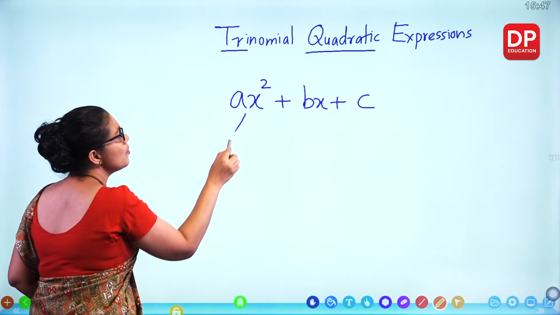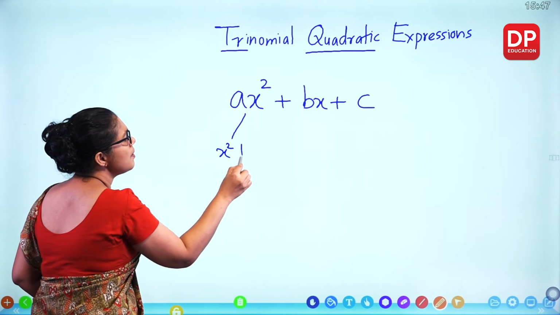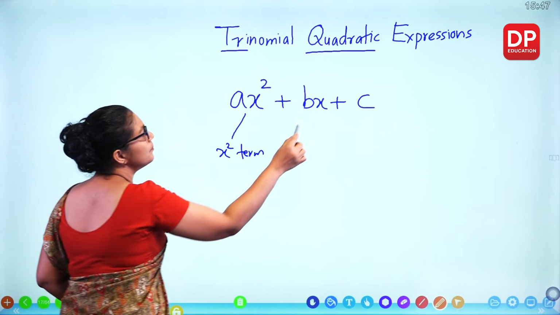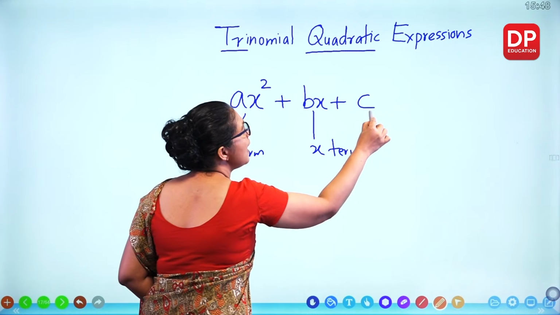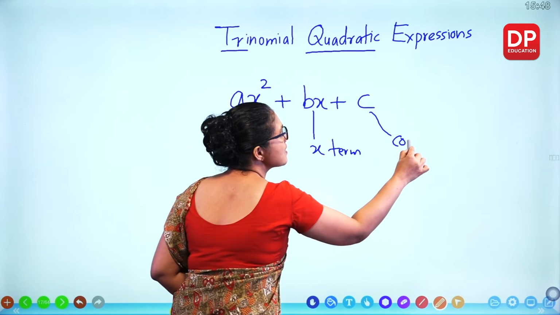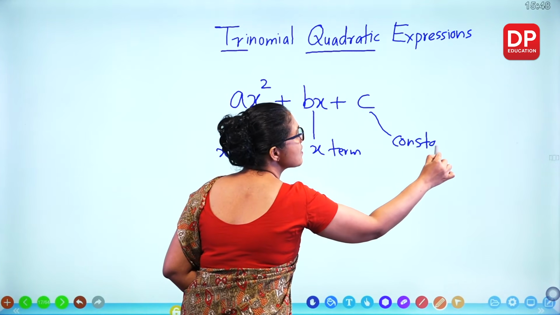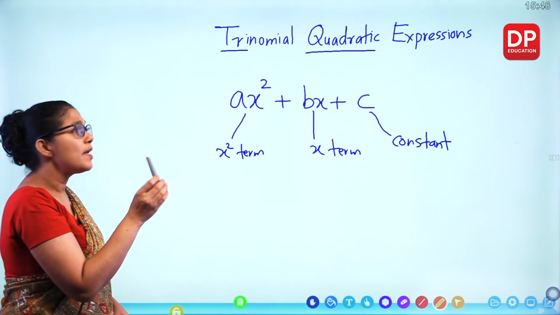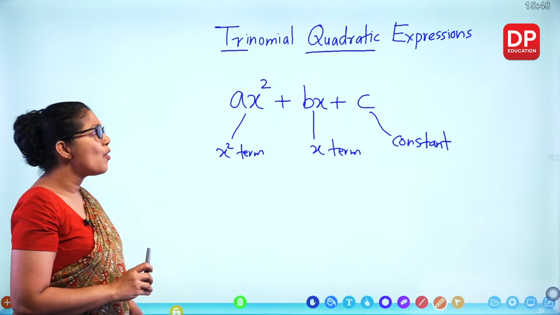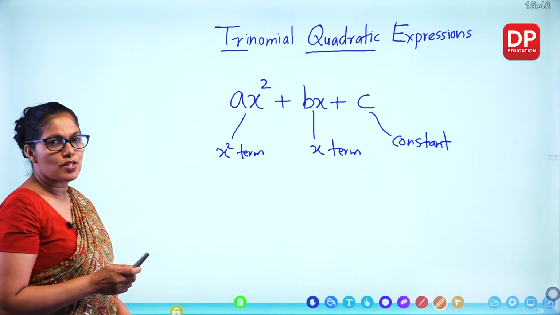So here you get x squared term, x term and a constant. We call this one as a constant. So when you get 3 terms like this, we call these are trinomial quadratic expressions.